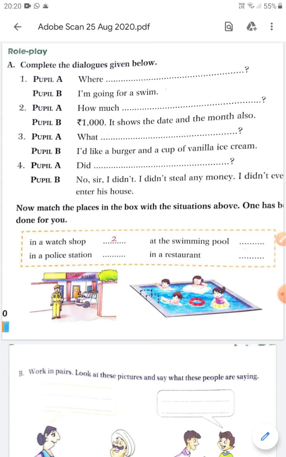In a police station, what happens? Out of these 4, which question must have happened in the police station? Yeah. Did you steal his money? Then only the person will say, no, I did not. So, number 4. In a police station is 4.